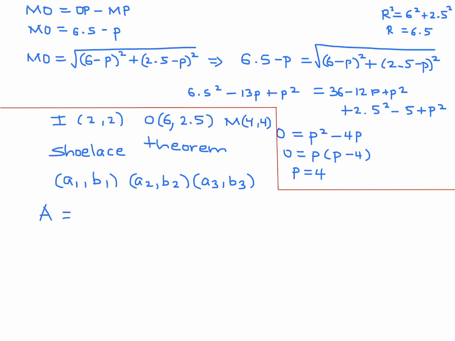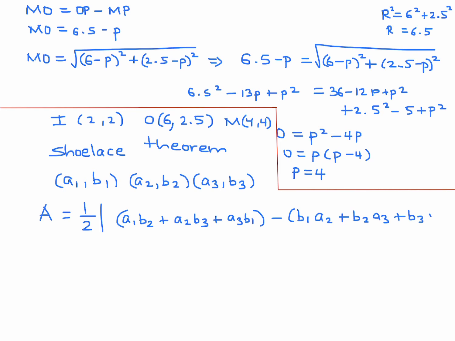The shoelace theorem says that the area is 1/2 times the absolute value of A1 times B2 plus A2 times B3 plus A3 times B1. Subtract from that B1 A2 plus B2 A3 plus B3 A1. Absolute value.